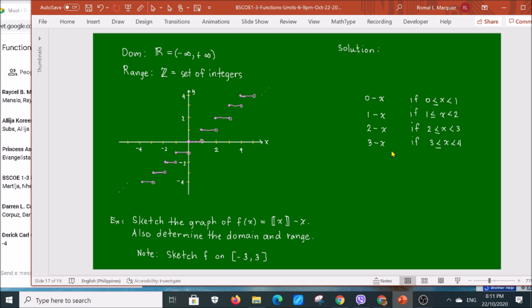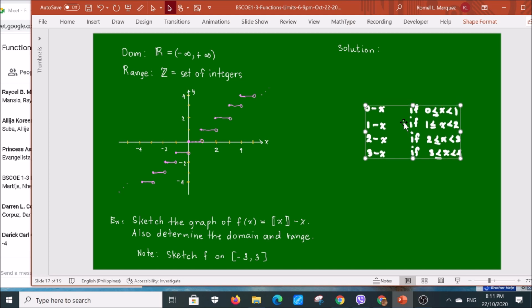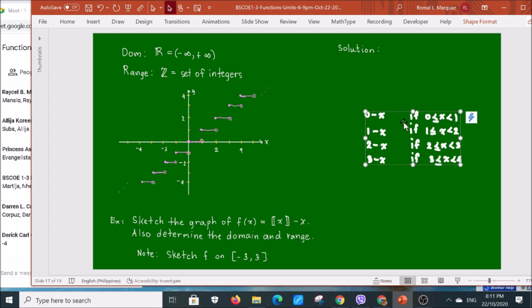So, this is still the equation. Okay? So, I am expecting 1, 2, 3, 4. So, I need to move this down. Move it down. Okay, enough? Do we have enough space above? I think so.